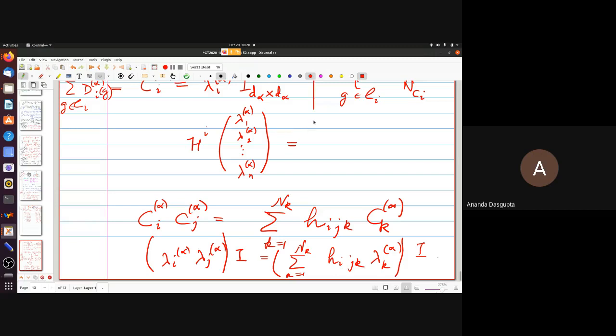Okay, and that's equal to what? What is the right hand side? Forget the identity. After all, these two are multiples of the identity, so the multiples had better be the same. The left hand side essentially gives you this.